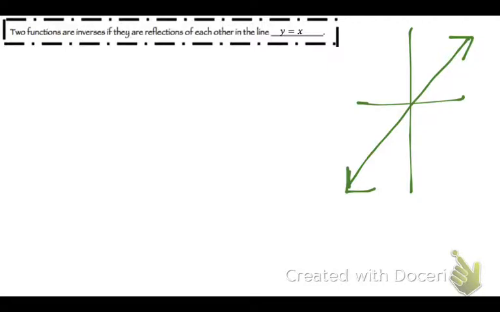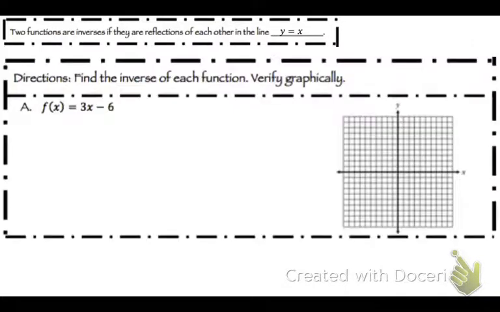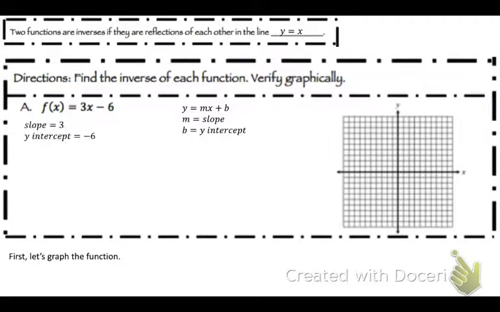Okay, so let's do a couple of these. Say we're given f of x equals 3x minus 6. Let's first graph that line. If you remember y equals mx plus b, where m is the slope and b is the y-intercept, in this case our slope is 3 and our y-intercept is negative 6. 3 can be written as 3 over 1, so I go up 3 over 1.